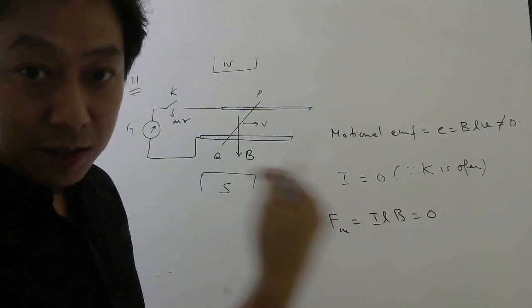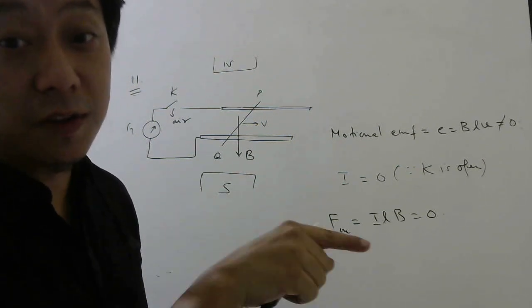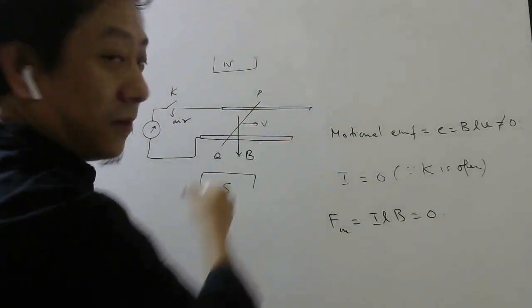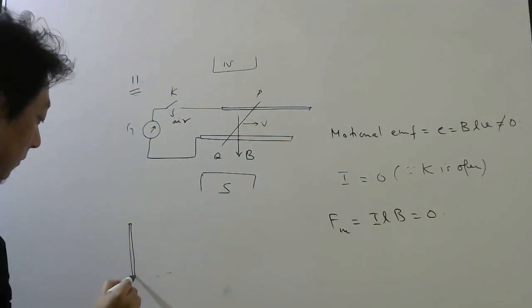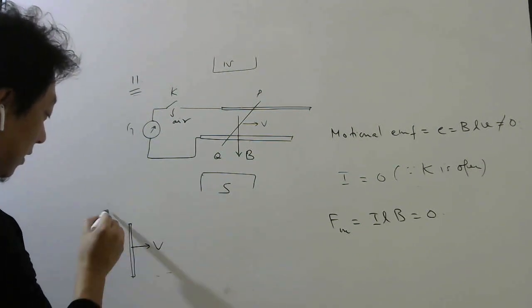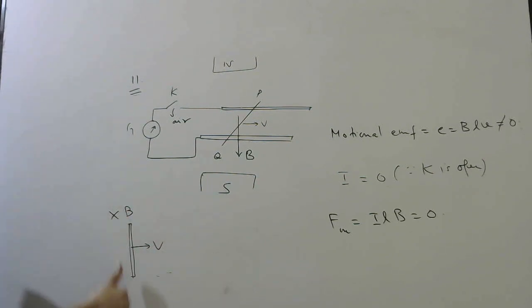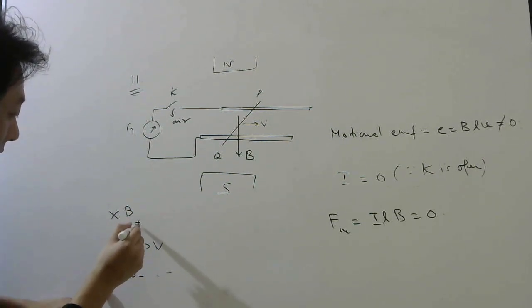I told, if you remember, electrostatic force QE will balance the magnetic force QVB once the separation of electrons happens in this rod. If this is the rod and it is moving like this in a magnetic field like this, the positive charges here will feel force this side, which means electrons will feel force this side, minus here, plus here.